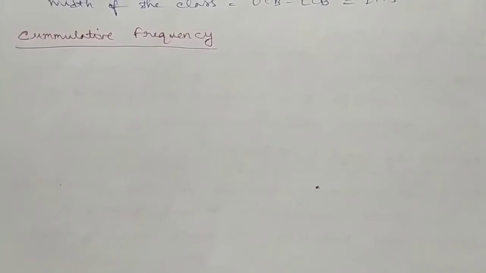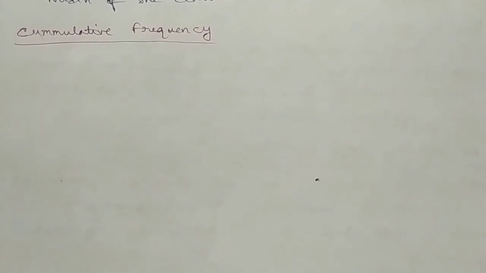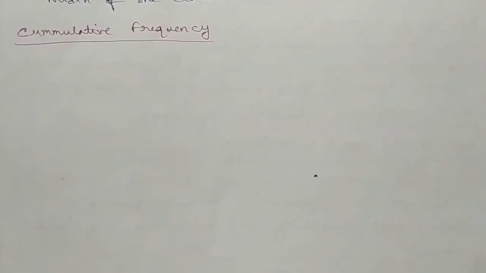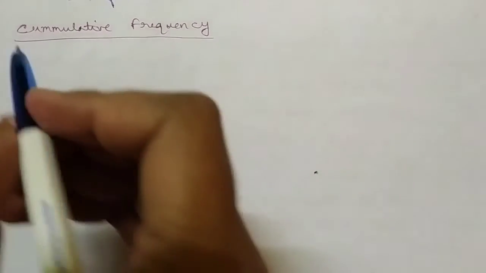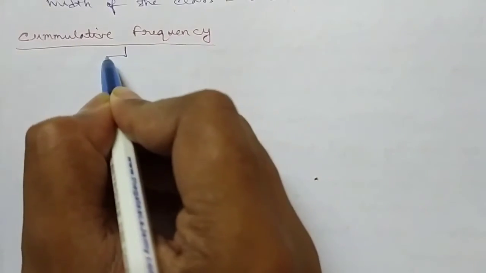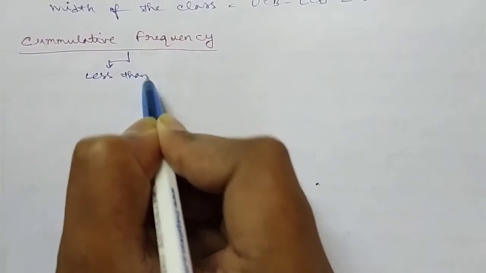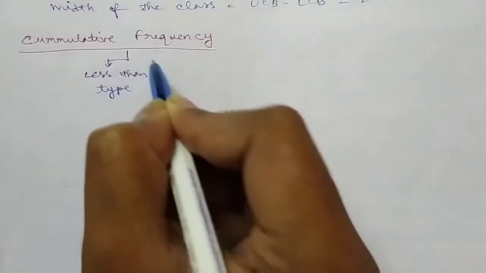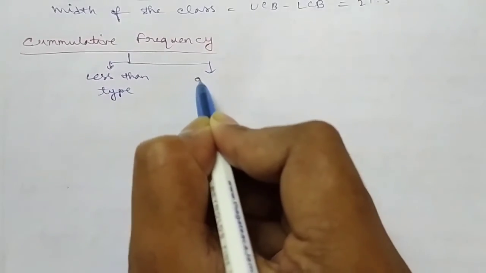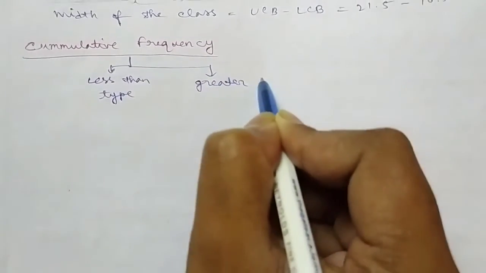If we count the total frequency lesser, then it is called the less than type of cumulative frequency distribution, and if it is greater, then it is called the greater than type of frequency distribution. Okay, so for cumulative frequency there are two types of frequency distribution: less than type, and greater than type. This is very simple.